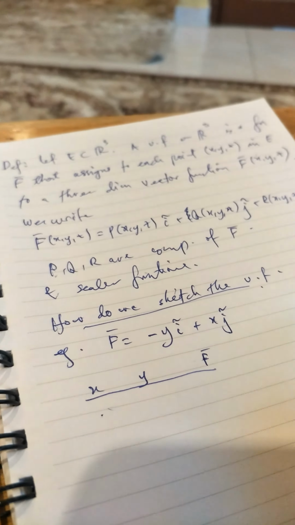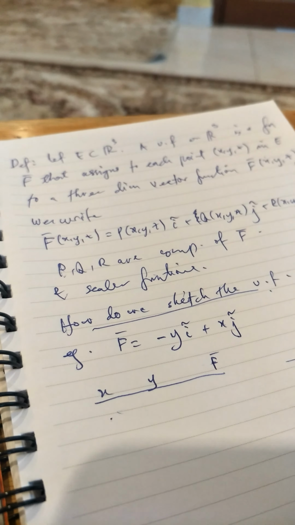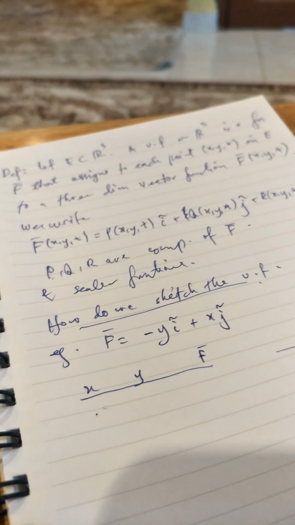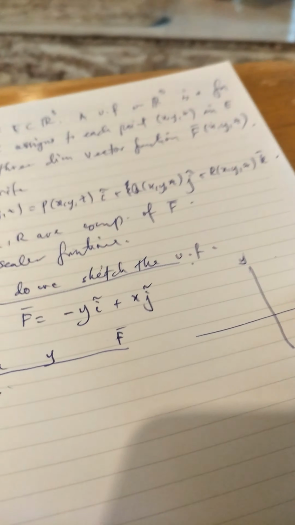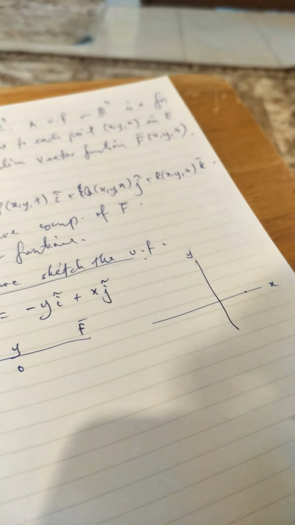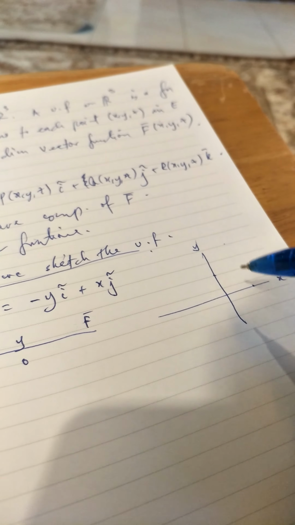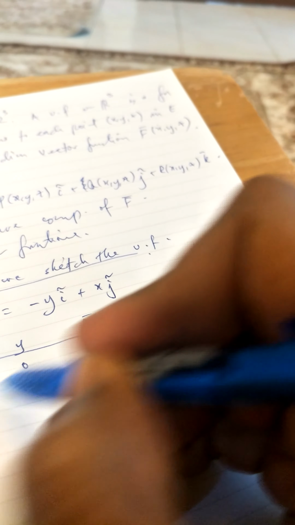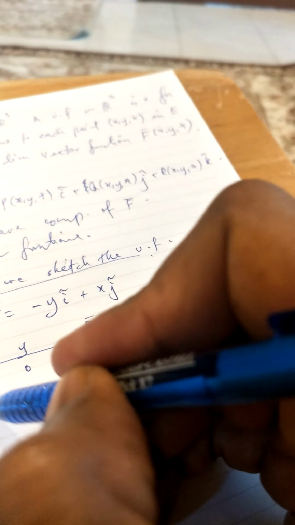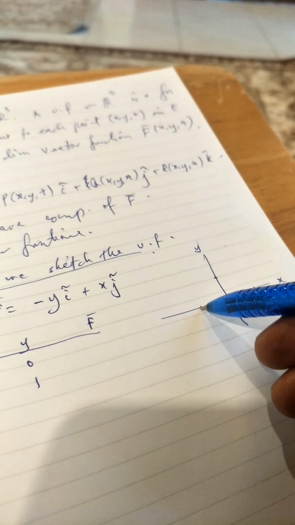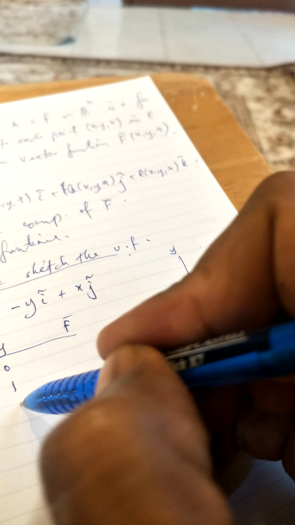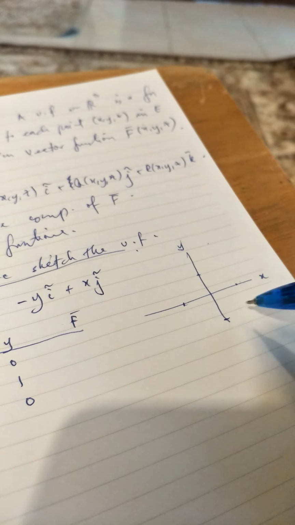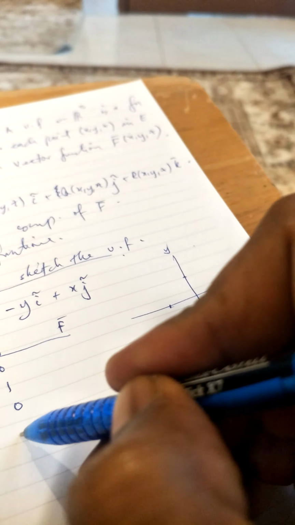For example, this is two dimensions, so we have x and y. Pick any point there. You can pick (1, 0), (0, 1), (-1, 0), (0, -1).